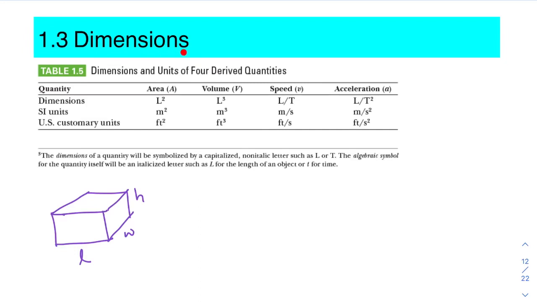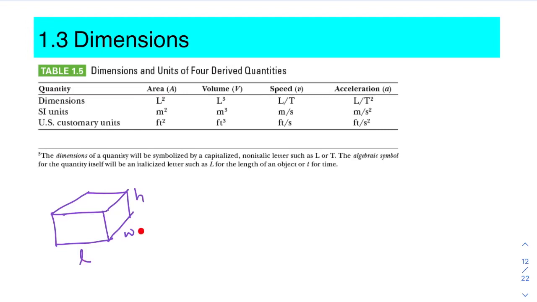So the dimension is actually the character: how much the length is, how big the width is, how big the height is of the object. Because we are talking about physical quantities, we are learning things in an objective way. So we elaborate the box to a blind person according to these three characters.